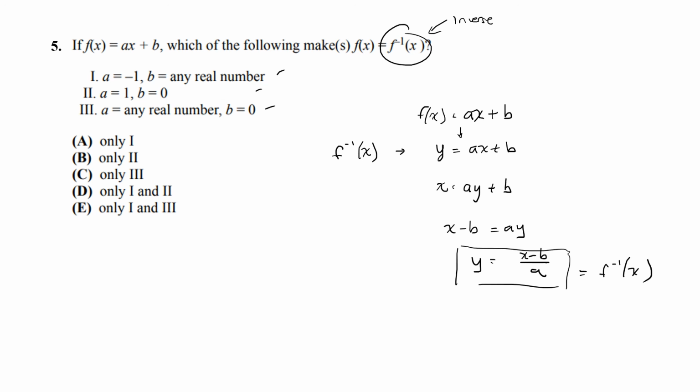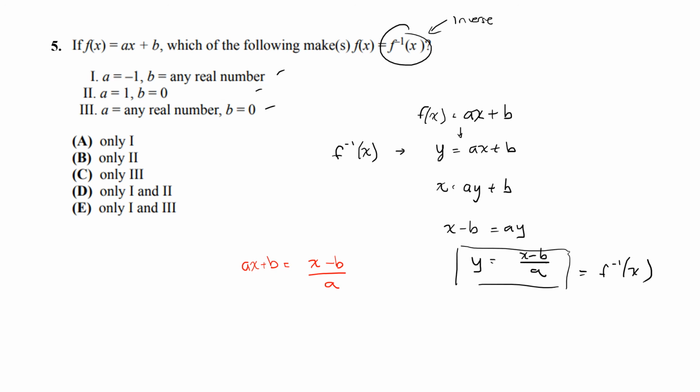So I'm going to write in red now, and we'll try to reason this out. When would ax plus b equal x minus b over a? When would these two be equal? If we go through each choice real quick, we might get something. The first one says if a equals -1 and b is any real number.